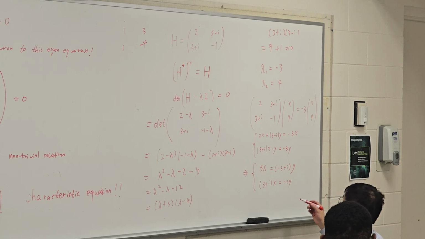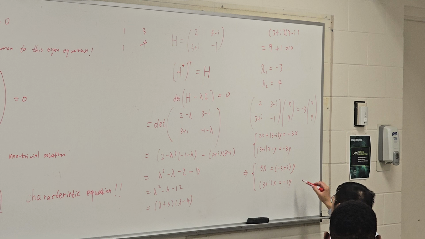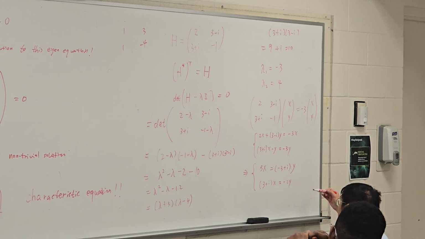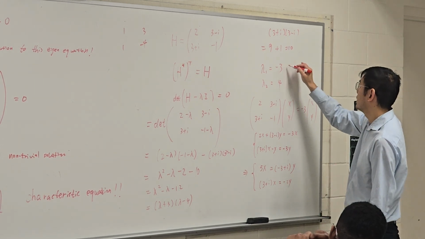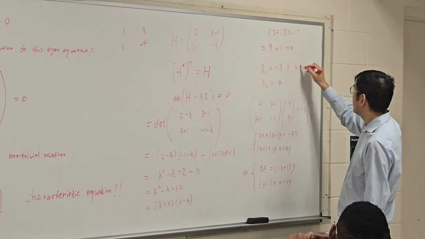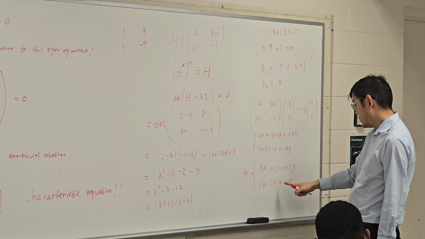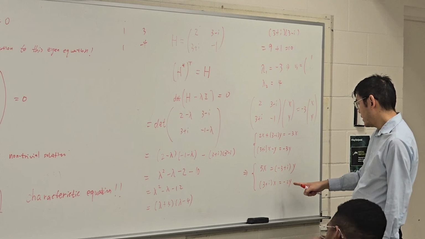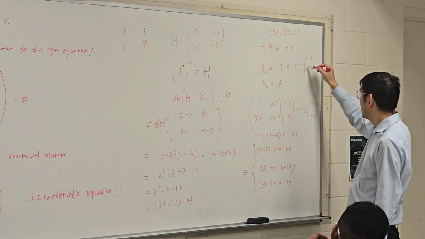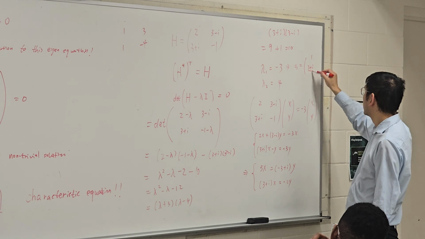So I bet this is a solution, it depends on you. You can choose your x to be 1. So if your x is 1, your y is going to be 3 plus i.